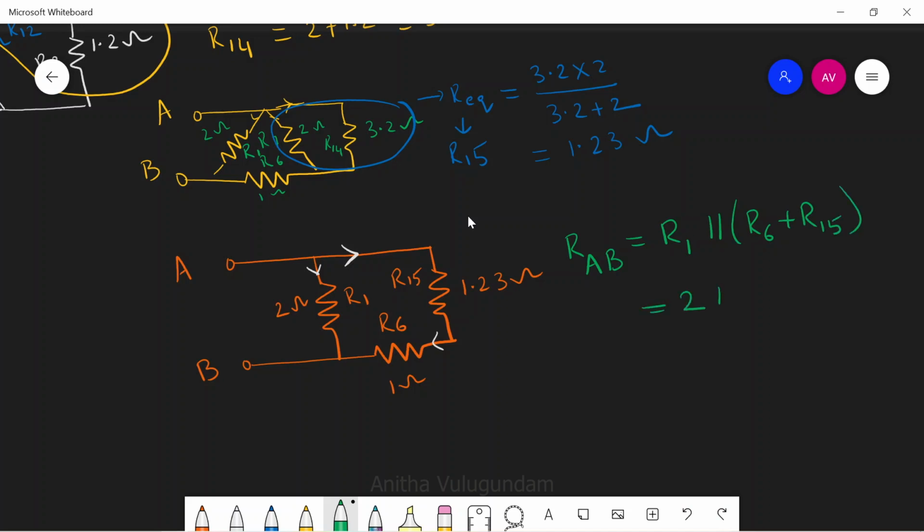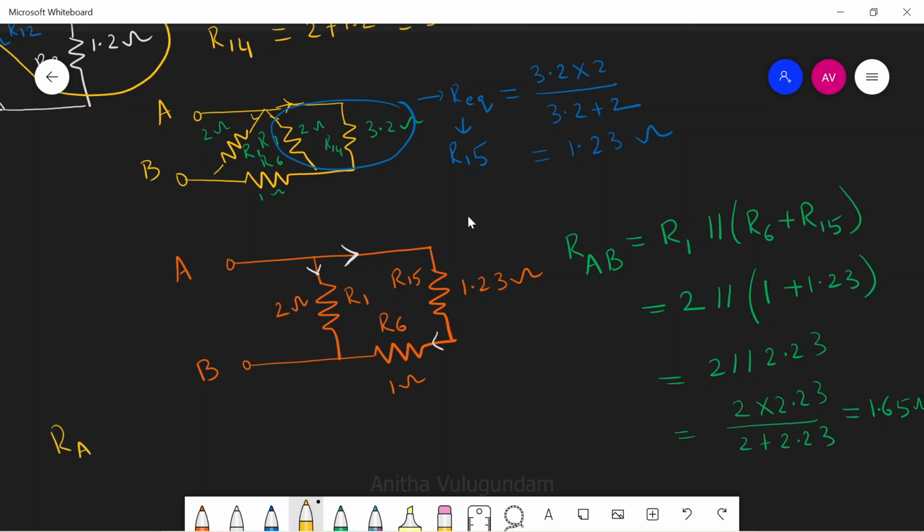R1 is 2 ohm parallel to 1 plus 1.23, that equals 2 parallel to 2.23, which is equal to 2 into 2.23 by 2 plus 2.23, which equals 1.65 ohm.